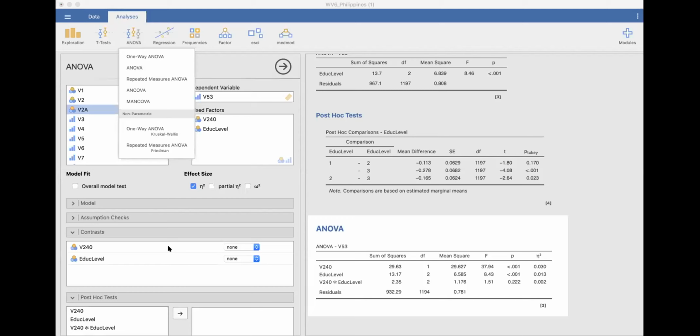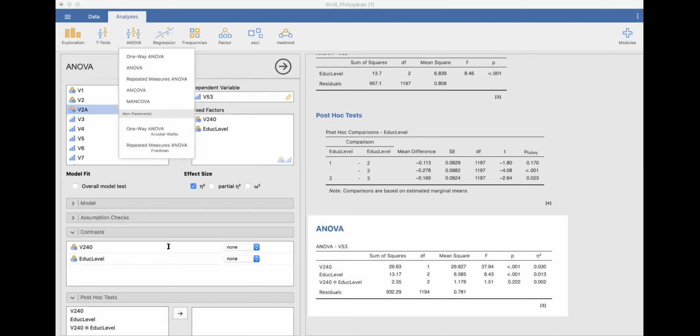Correct. The second value inside the parentheses is the residual DF, not the residual.